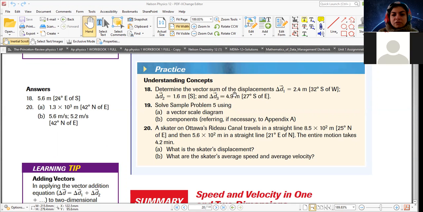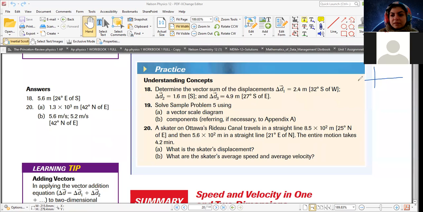So determine the vector sum of displacements delta D1, delta D2, and delta D3. I want to add these 3 vectors. What I do is put them into their components. For example, the first one is 2.4 meters, 32 degrees south of west.